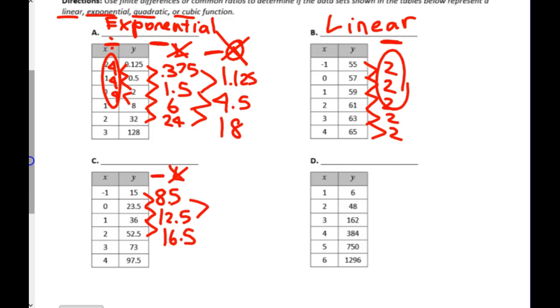What's 12.5 minus 8.5? 4. What's 16.5 minus 12.5? 4. I can tell that the second difference is the same. If the second difference is the same, what is that? Quadratic. So that was a recap. This stuff you already know, or you will learn real quick, that we've been doing.